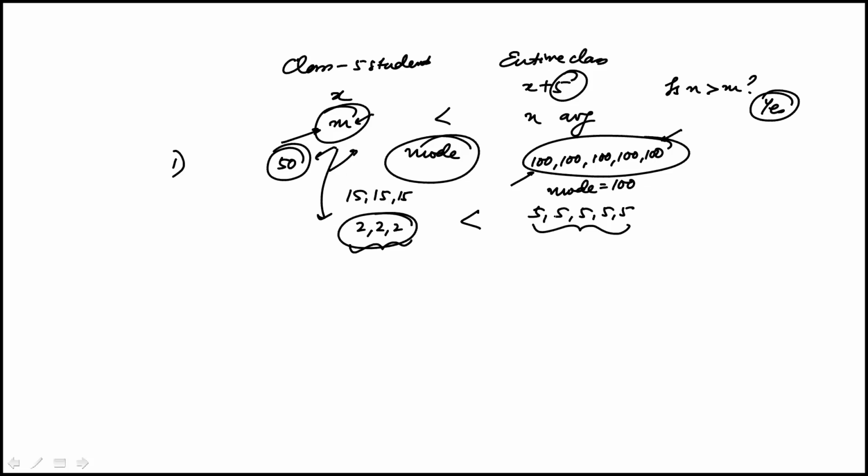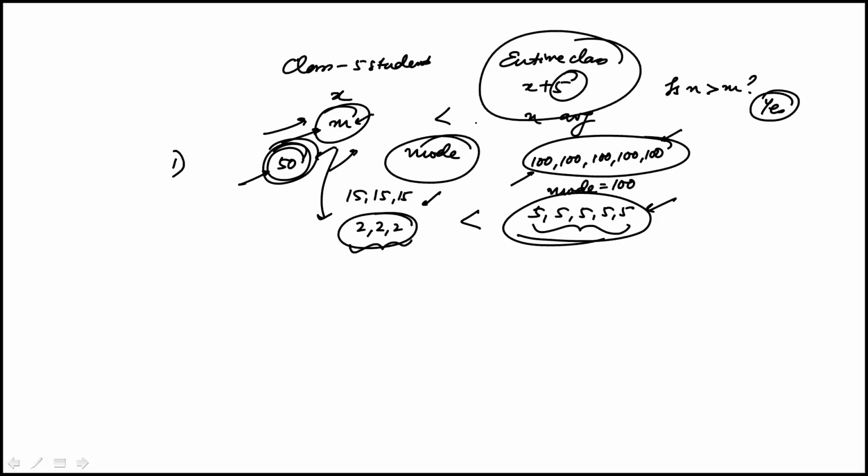And of course, this also assumes that there aren't any other values that occur more than 5 times. Now, again, let's assume the original average is 50. When I add 5 more students with values of 5 each, which is significantly lower than the existing average, it will bring down the average. So the entire class average now will be less than the original. That would answer this question as a no. So 1 alone is insufficient.